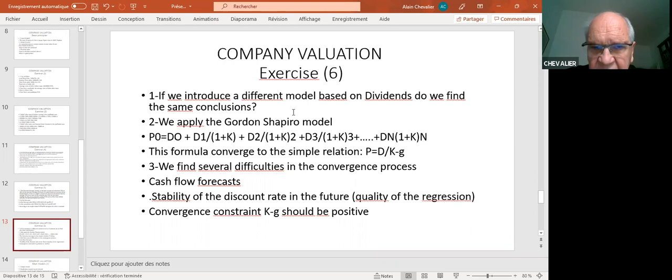We use a linear regression approach here, putting on the graph the past dividends, generally 5, 6 years, something like that, to get a sufficient number of data, and the forecast we were able to calculate, perhaps 5 or 6 years.